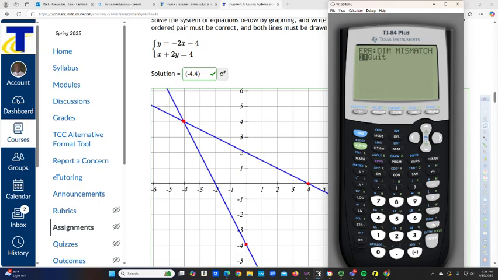Dimensions mismatch. So how about if we zoom in on this thing? And go back to my window. Stat plot.